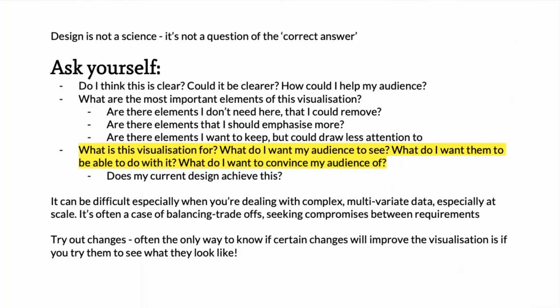How could I help my audience? Really think about what the most important elements of this visualization are. Are there elements here that I don't need, that I could remove? Are there elements that I should be emphasizing more, that are more important than they look in my current design? Are there elements that I want to keep, but I want to draw less attention to, that aren't the main thing?